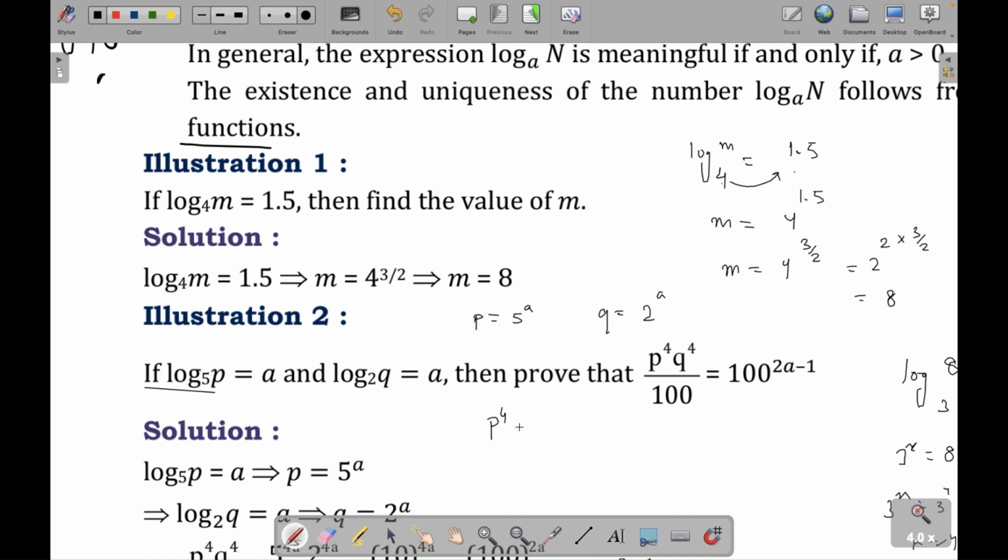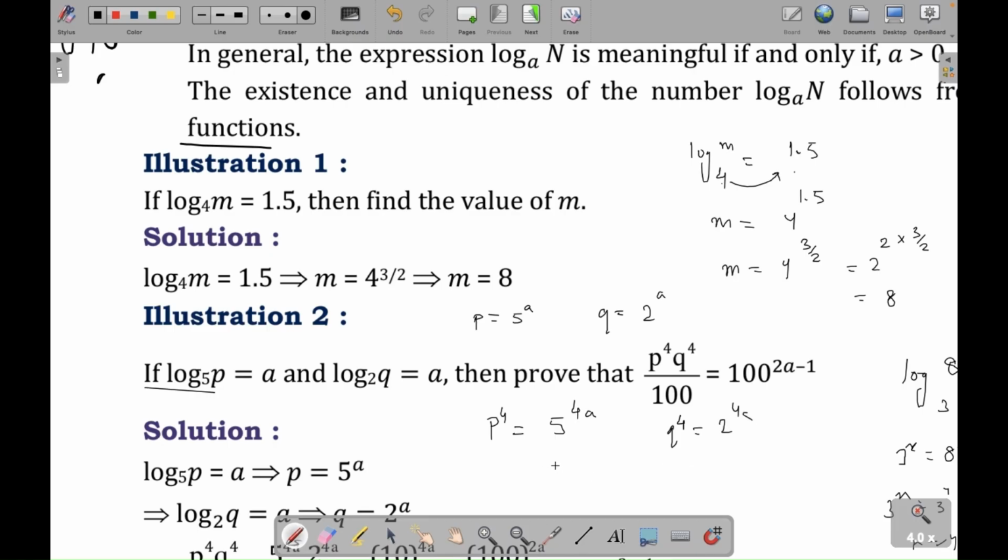Before substituting, try finding the value of p to the power 4. 5 raised to 4a. What about q to the power 4? 2 raised to 4a.